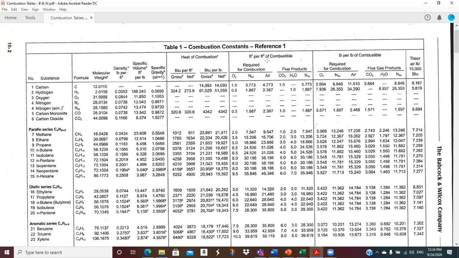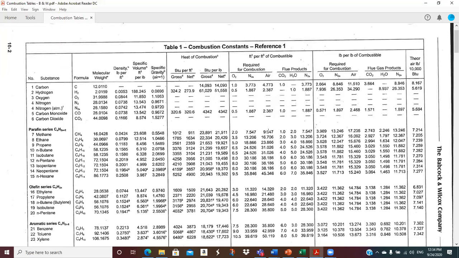Then I look at this chart up here, and it says to burn methane, I need 9.547 cubic foot of air per cubic foot of gas.